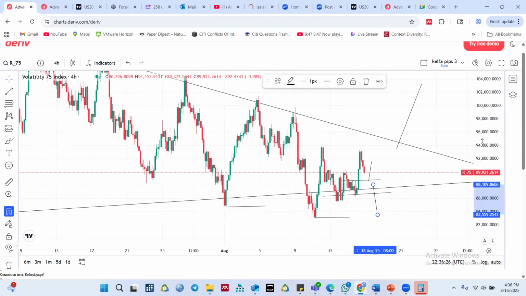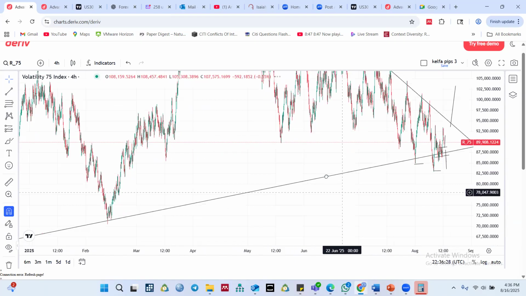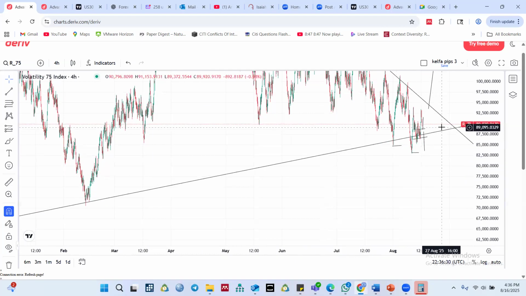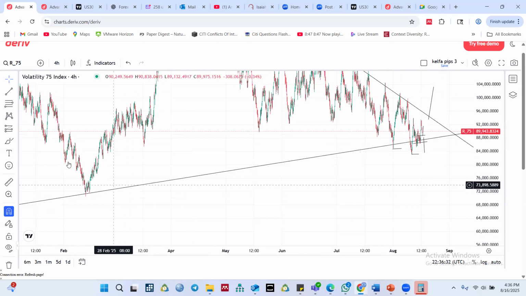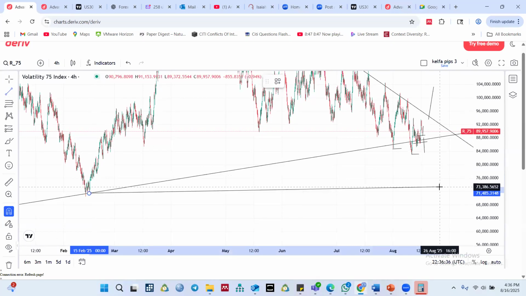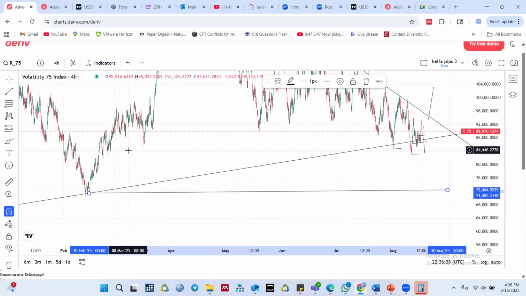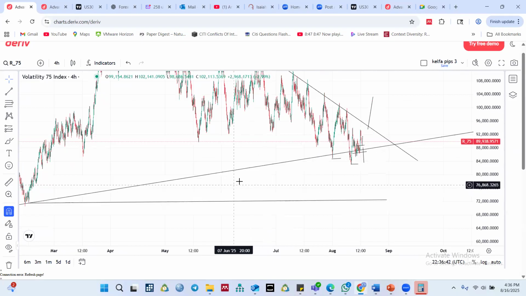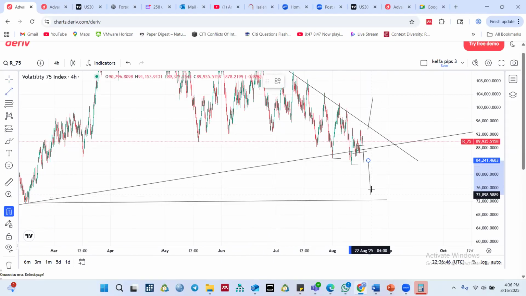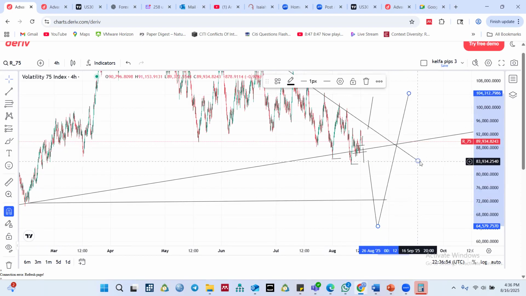If it breaks below it, we have a very long journey to go, because there is a low point around here that does not have any structural liquidity, and price might fill this gap or even take this low out before reversing to break that trend line.